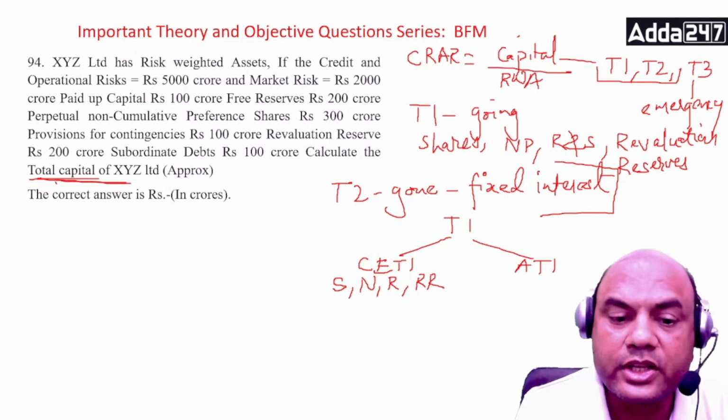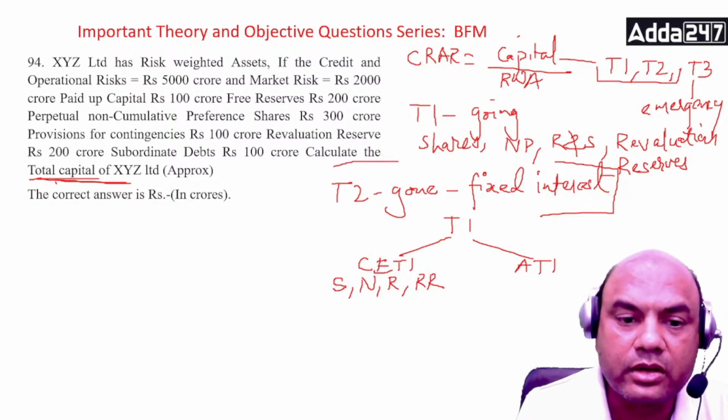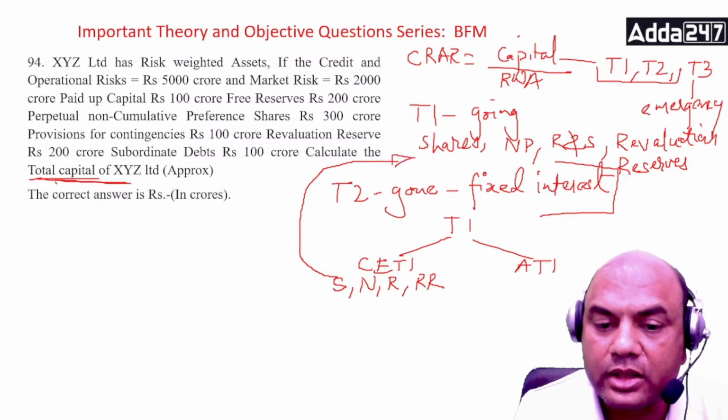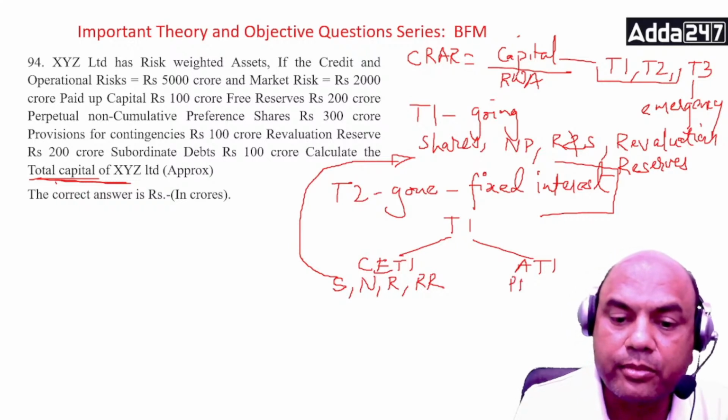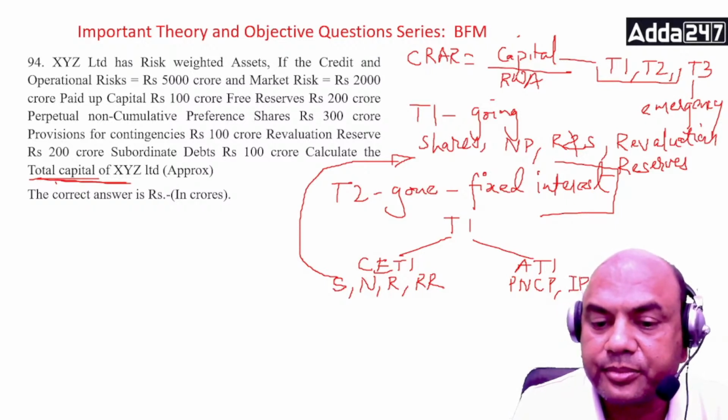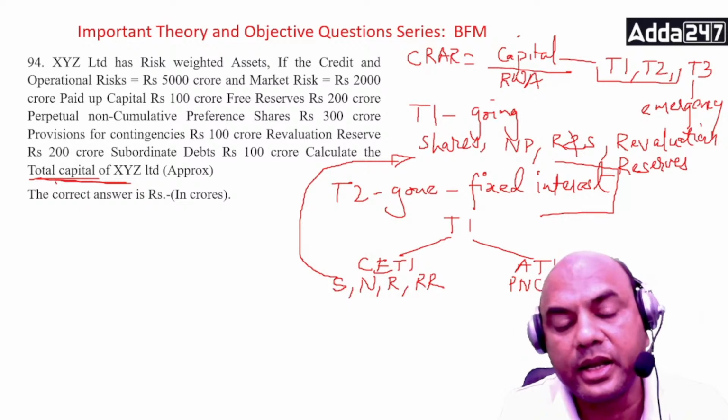These 4 elements are in CT1. AT1 has 2 more elements: PNCP, perpetual non-cumulative preference shares, and IPDI, innovative perpetual debt instruments. These are the part of AT1.